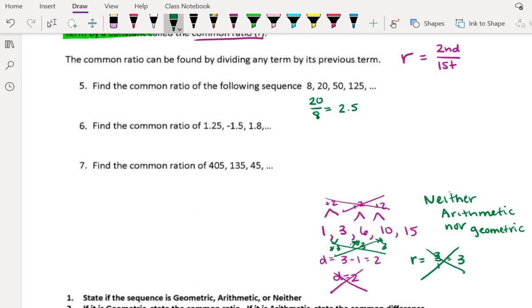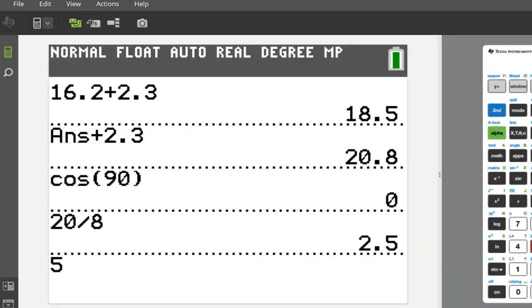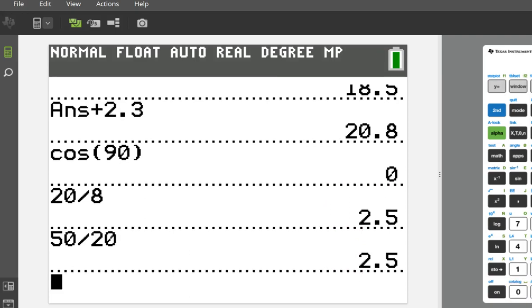Check the other values. Any term divided by its previous term. Let's do 50 divided by 20. If I go 50 and divide by 20, I get 2.5.